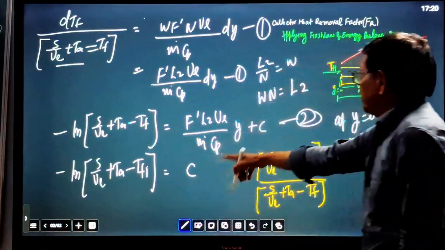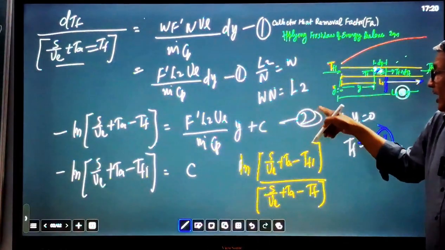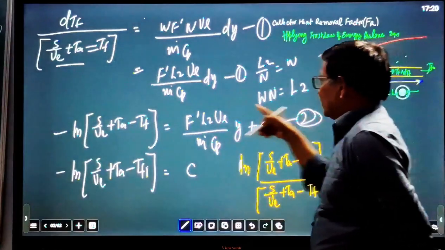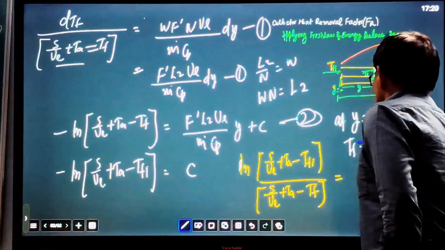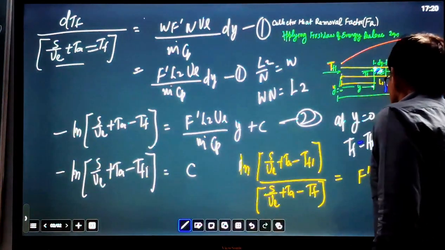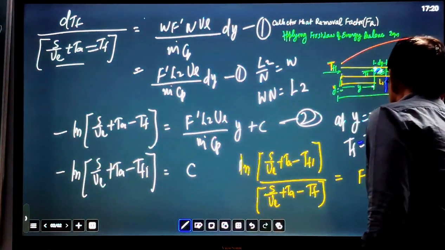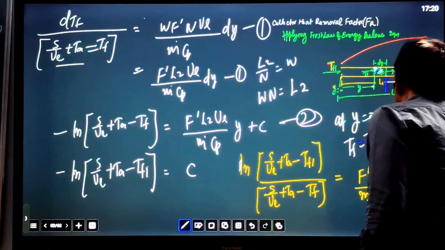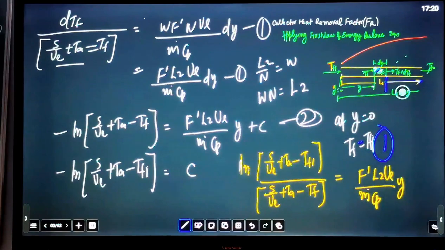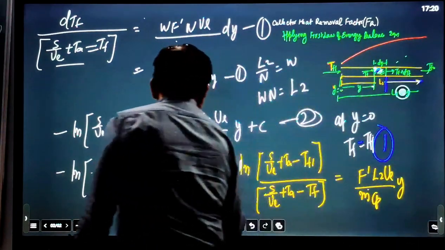After putting the value of C in equation number 2 and taking the C value to the left side, you get this equal to F' L2 UL/(m dot Cp) into y. This is equation number 3, but again we need to balance it.